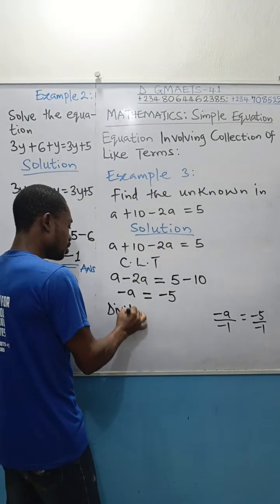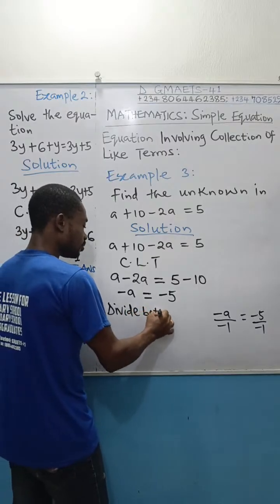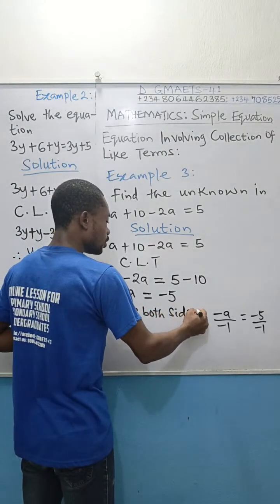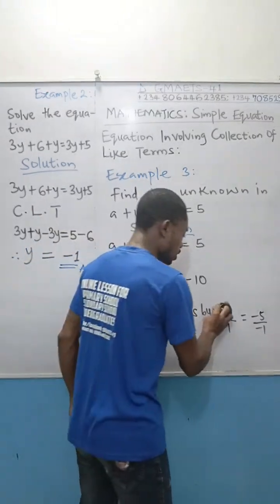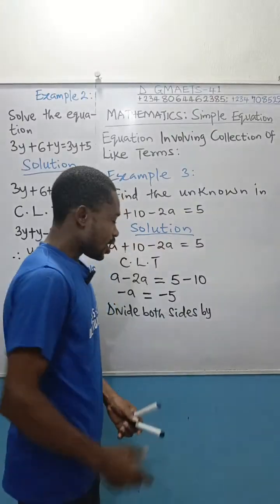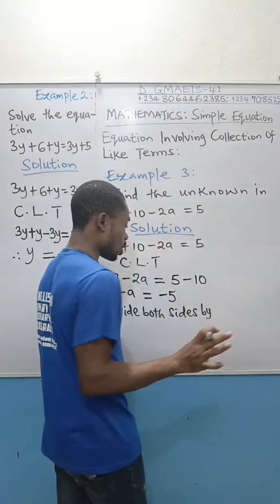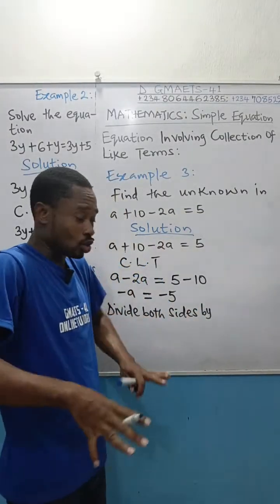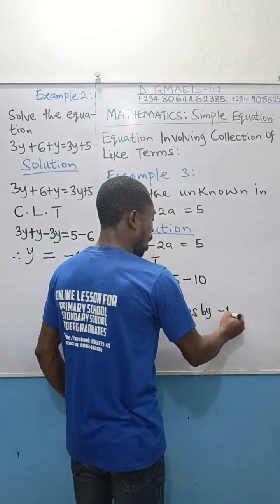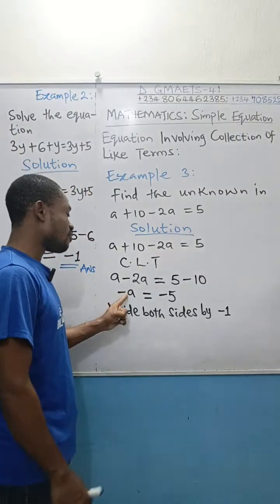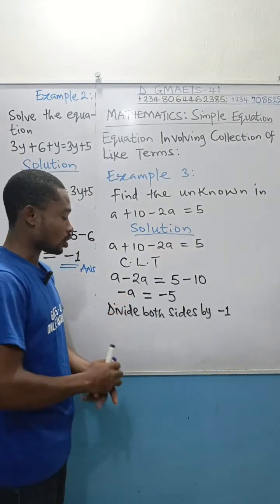Divide both sides by, I decide to use divide instead of multiplying. I decided to use divide. There is a reason. That's why it will be a bit easier for you now to understand very well. Divide both sides by minus 1. The reason is to remove minus from the unknown, from what you are looking for.